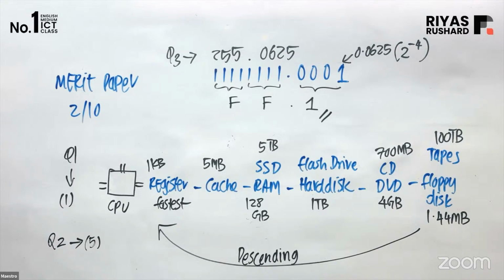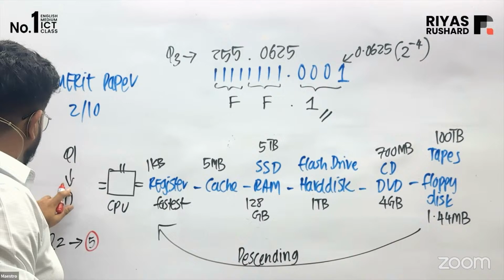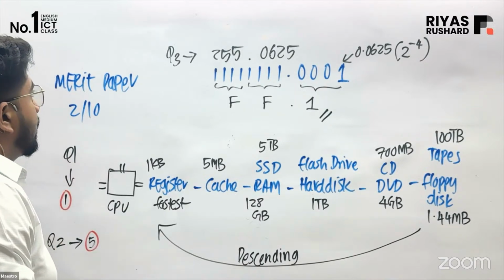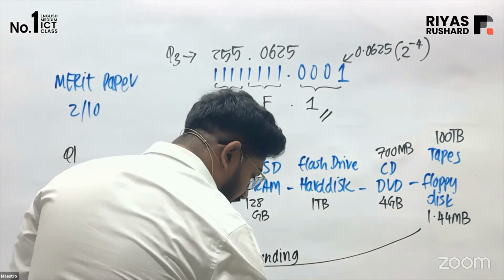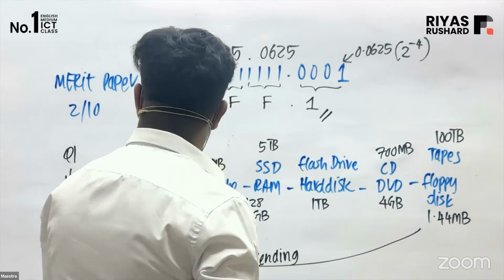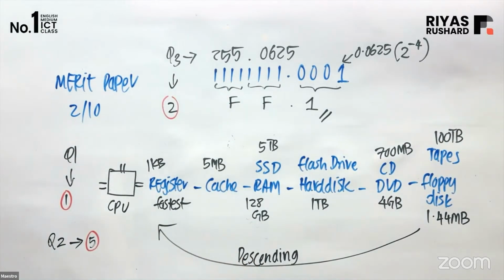So question number 1, the first one is the answer. Question number 2, we are going with the second one as the answer. And question number 3, what is the answer, the second one? Second one as the answer.